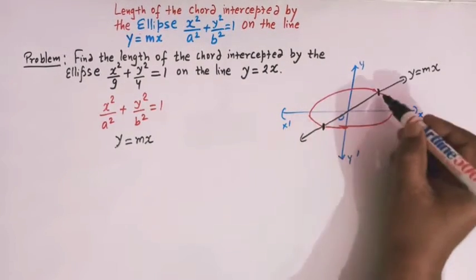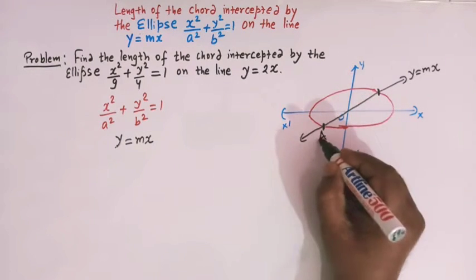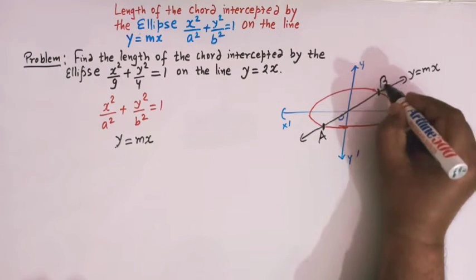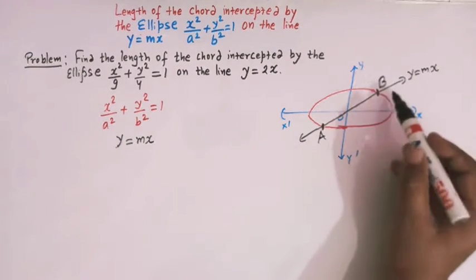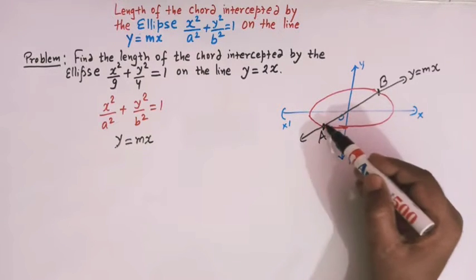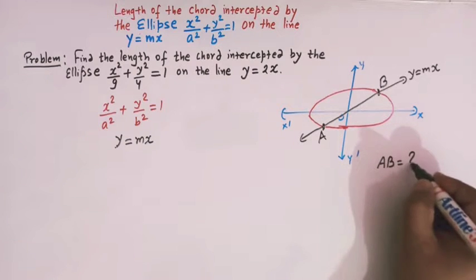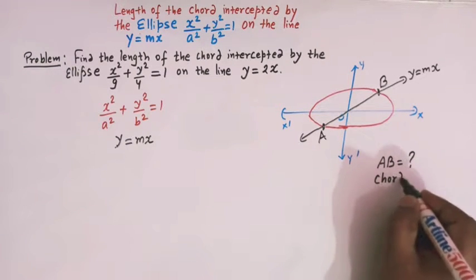So these are the 2 points, and let us say this point is A and this point is B, right? And we have to find the length of this chord, right?